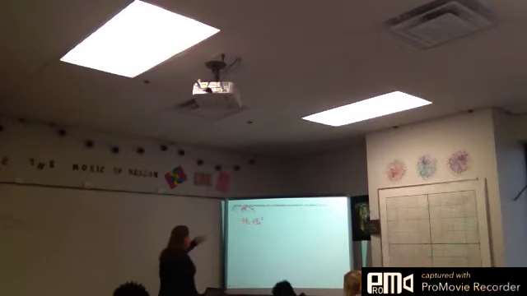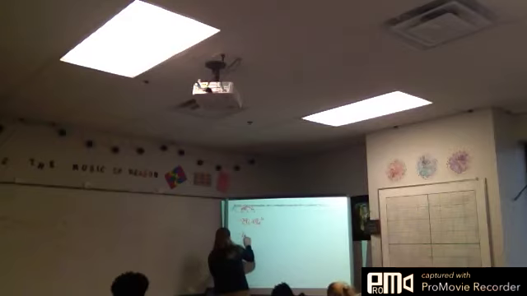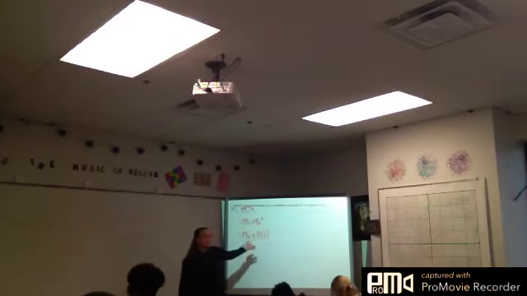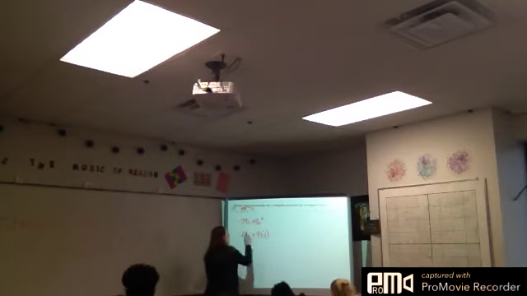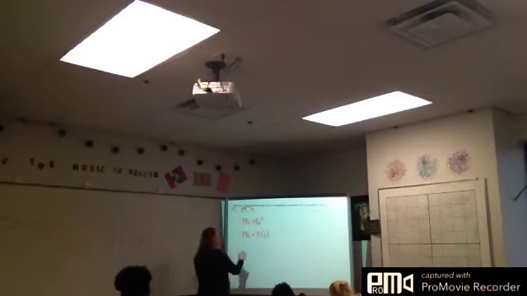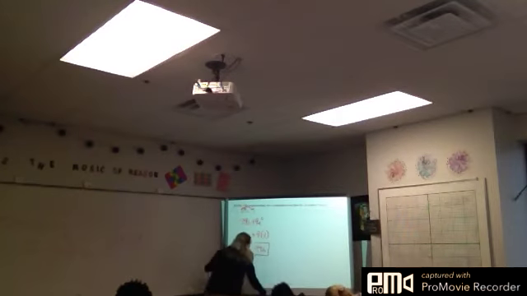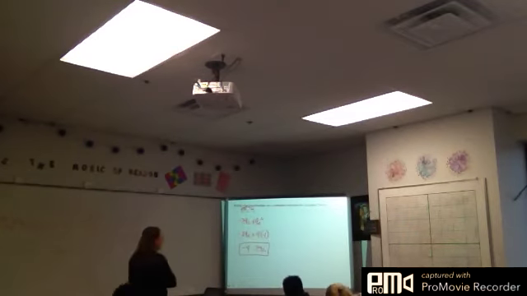So technically, I have negative 24i plus 4 times negative 1. What's 4 times negative 1? Negative 4. So if I wrote this in standard form, I'm going to write negative 4 minus 24i. And that's what they want when they ask you to write it in standard form.